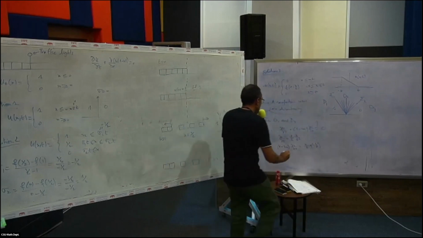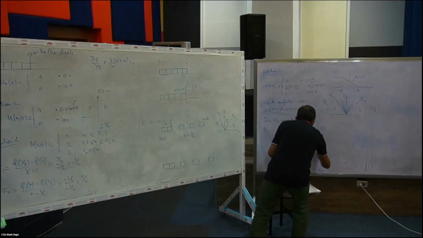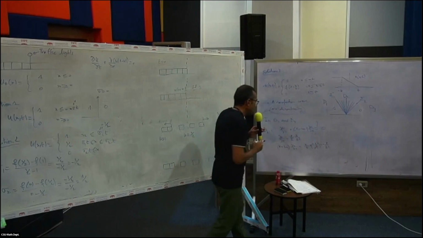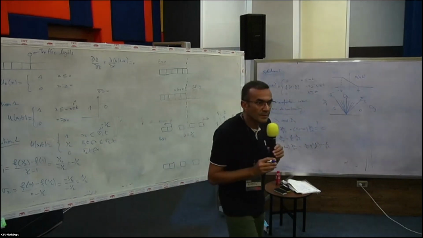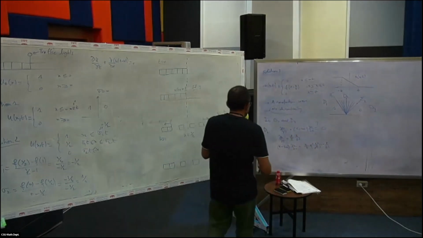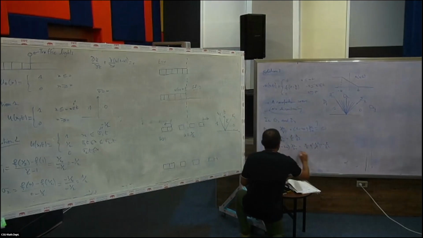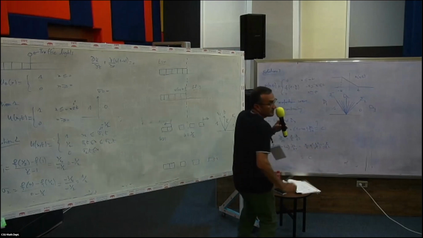So this is minus x over 2t squared. So the addition gives you 0. Okay, so it works.